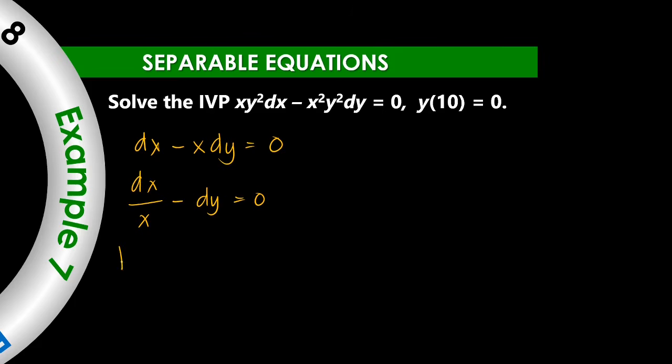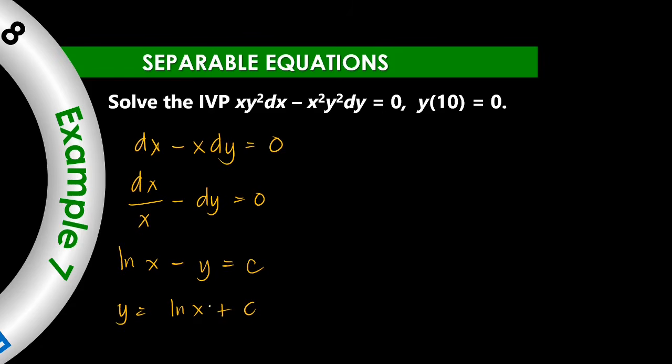Integrating, I'll get ln of x minus y equals 0. No, not 0, but rather c, the arbitrary constant. So I can now solve for y. Y equals ln x minus or plus c na rin kasi nga arbitrary constant naman siya.